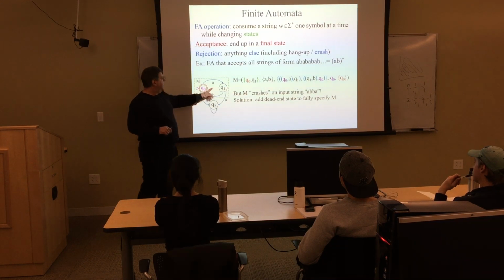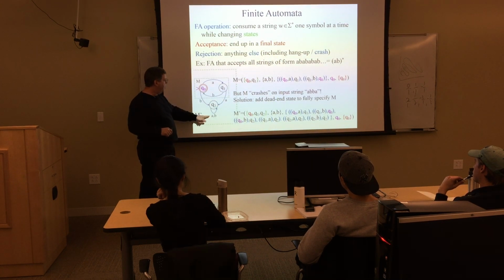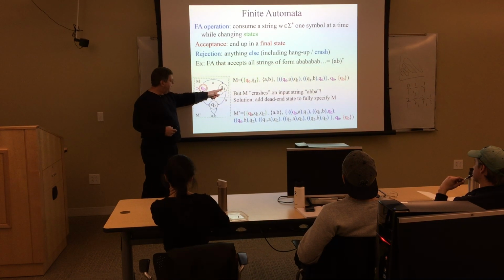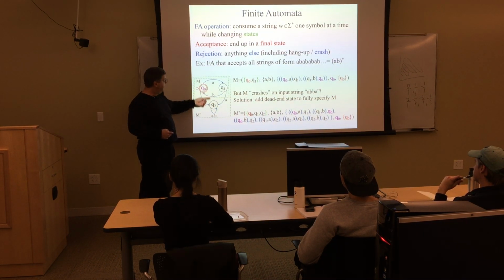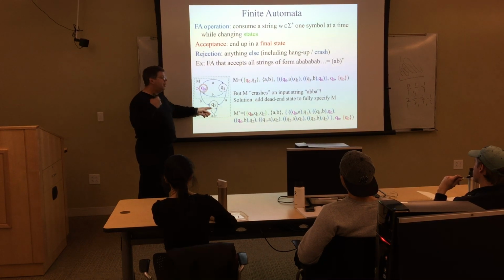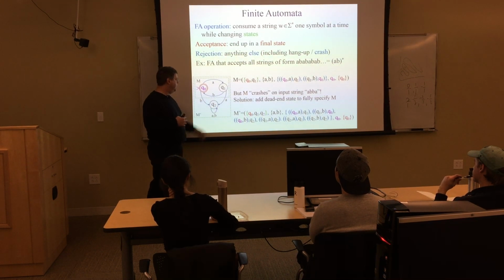The way you do it is in places where you have a state and a transition that was not accounted for before, create a new state, a dead end state, a garbage collection state, where you're in here and you see an A. Instead of crashing, go here, and then if you see an A or B, stay there and never go anywhere else. There's no arrows out of this state back to the rest of the machine. So you'll end up there, you'll stay there, you'll never accept, you'll always reject, but you won't crash. You'll just now gracefully reject by consuming the rest of the input, staying there, not accepting, because that's the only accepting state, and you're good.